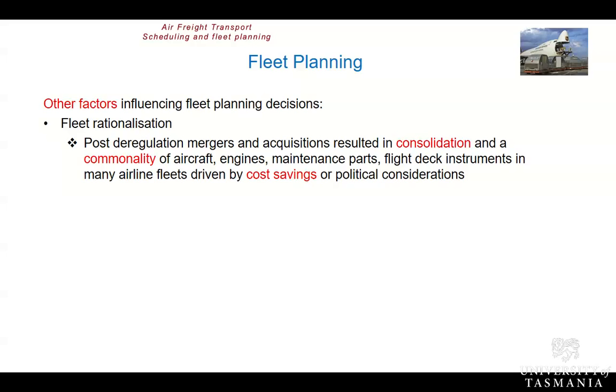So one of the most cost-effective approaches to dealing with all those aircraft is that if you only had one aircraft type, you've got a better chance of minimising your maintenance costs than if you had to carry two lots of parts and components for different aircraft. So over that period of time, commonality of aircraft, engines, maintenance parts, instruments, essentially resulted in cost savings along the way.